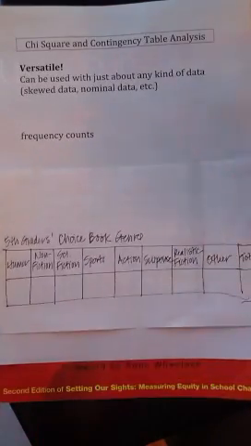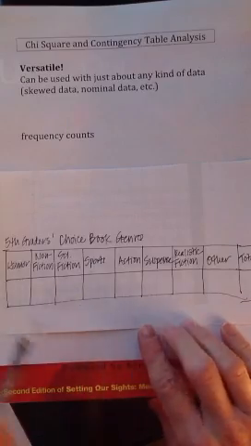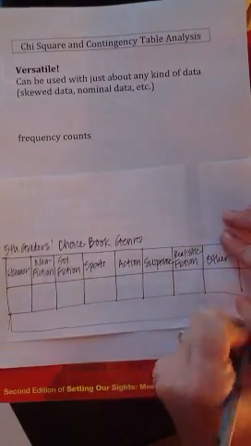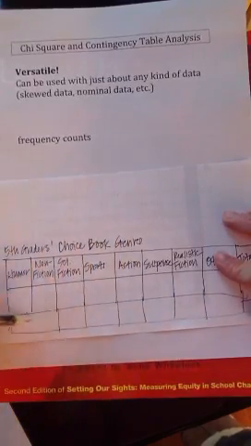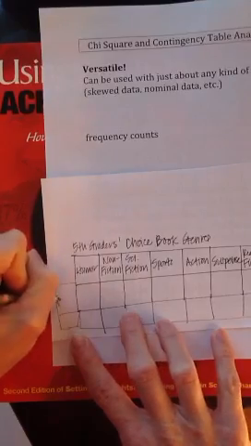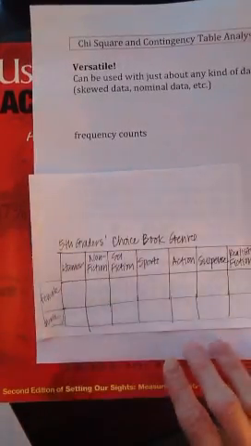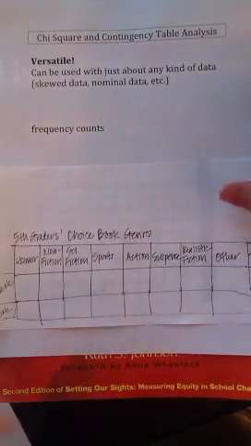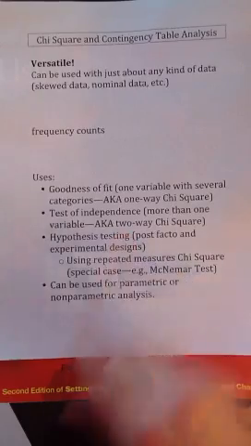So in our particular situation here, if we had wanted to break down these total numbers of students by genre and instead wanted to look at it by gender, then all we have to do is add another row here. One of these rows would be female students, and the other one would be male students. And then we could look at the breakdown by gender as well. And for that, we would be using a test of independence because we have more than one variable.